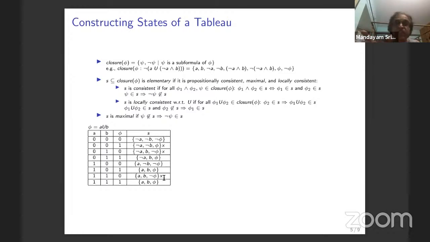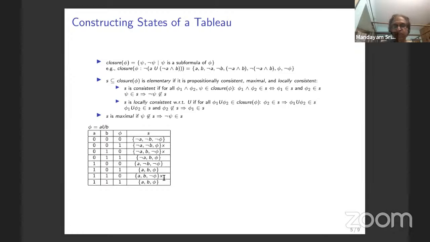Otherwise, as you can see, in this tableau construction the number of states is exponential, since you're taking all possible subsets. So in general, that's why it is exponential in the worst case.